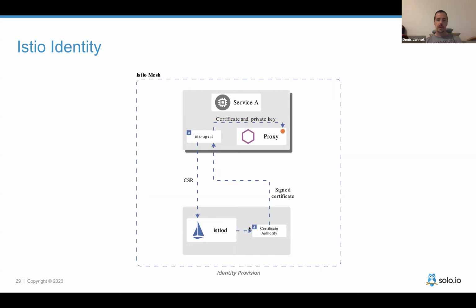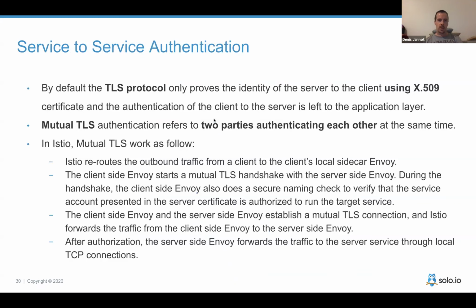So you have CA certificates that are used by Istio so that it can sign the certificates for the different services that are running in the cluster. And that allows each service to have its own identity based on the service account that each pod is using.